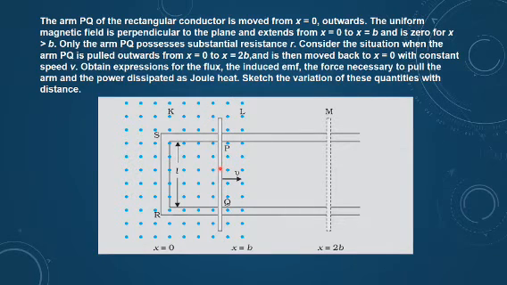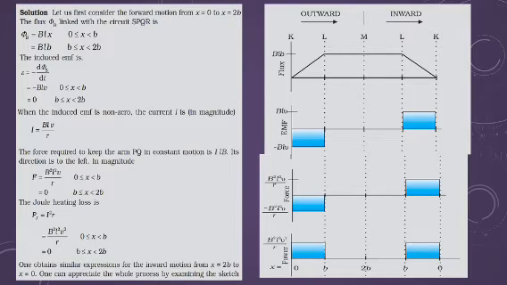When the field is now away from you, which is shown by the first finger, and the motion is outward, then the central finger gives you the direction of the induced EMF and induced current, which will come in the anti-clockwise direction. So you have to see the direction, and otherwise the mathematics we have already discussed.